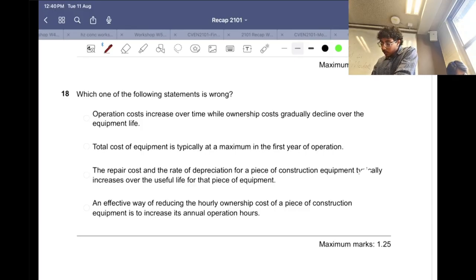An effective way of reducing the hourly ownership cost of a piece of construction equipment is to increase the annual operation hours. So, what do we think the answer is here?